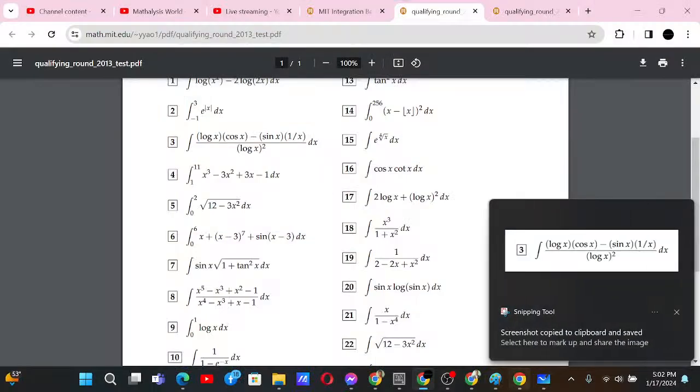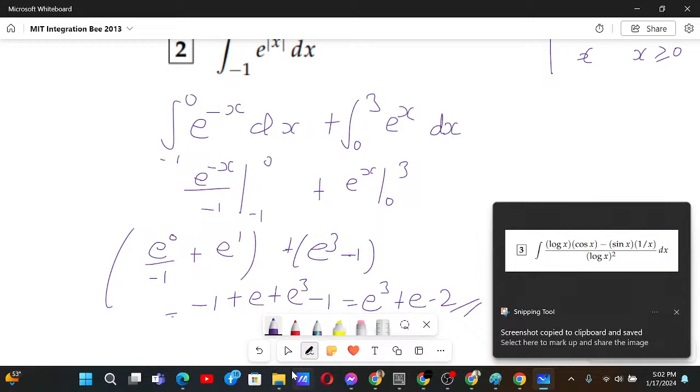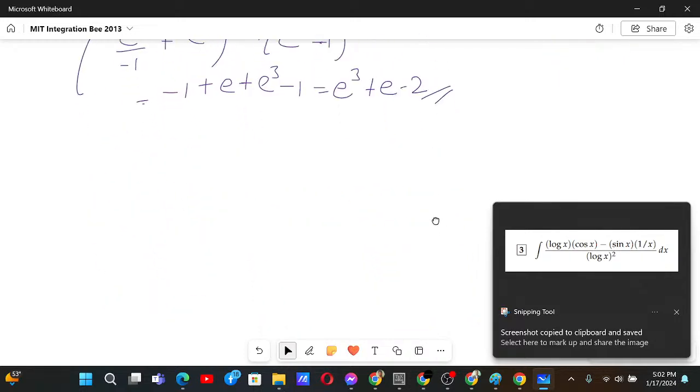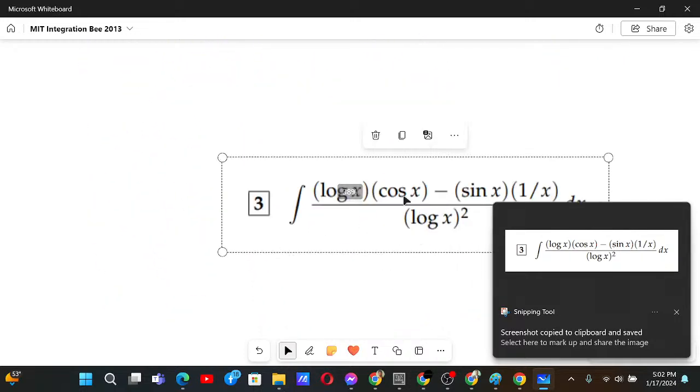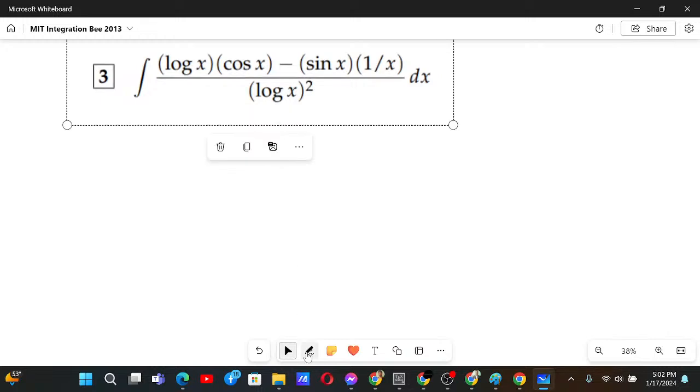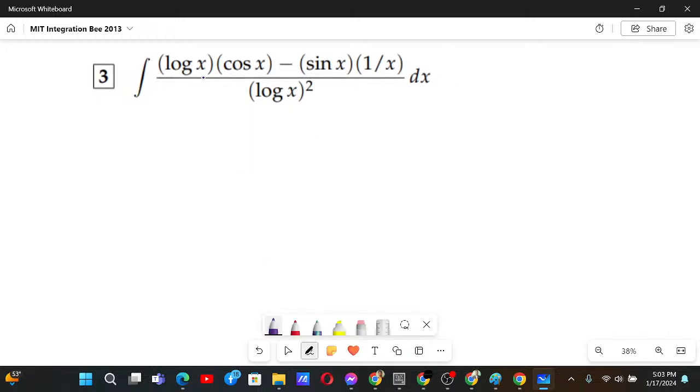This problem seems kind of complicated, but it actually is not, because you can notice that if this is v and this is u, this is just u dash, and this is just v dash, and this is v square. So it's in the form of v u dash, that is the derivative of u, minus u v dash, the derivative of v, by v square.